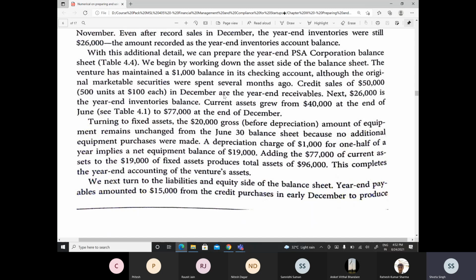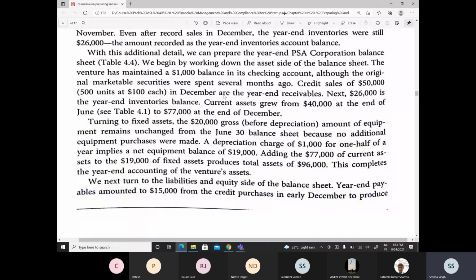Current assets grew from 40,000 at the end of June to 77,000 by the end of December. Turning to fixed assets, the 20,000 gross before depreciation amount of equipment remains unchanged from the June 30th balance because no additional equipment was purchased.